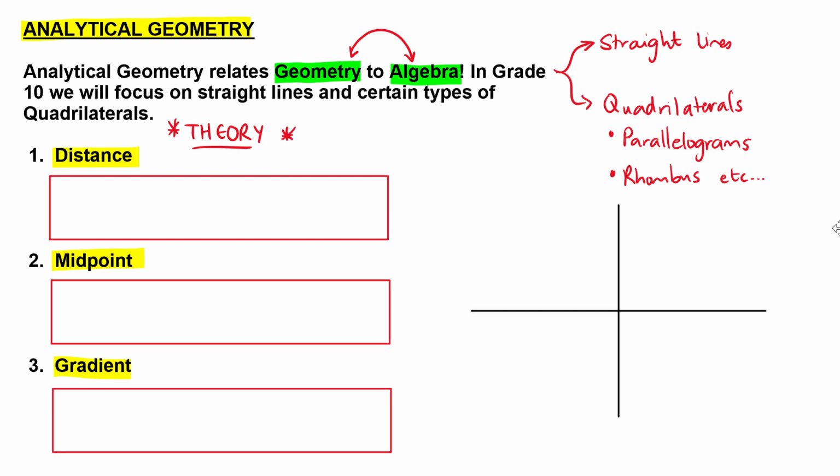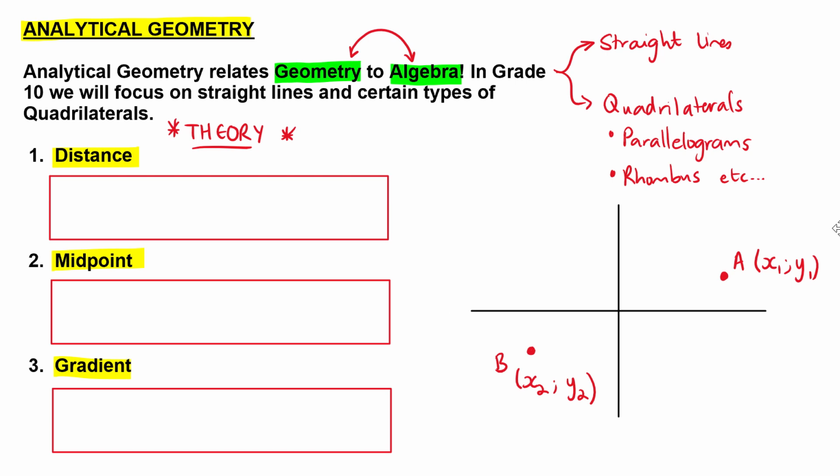So if that's our Cartesian plane, and we've got 2 points on it, a point over there, and a point over there, point A, and a point B, and we know that that coordinate A will have the coordinates x1 and y1, and the coordinates of B will be x2 and y2, much the same way as any Cartesian plane.